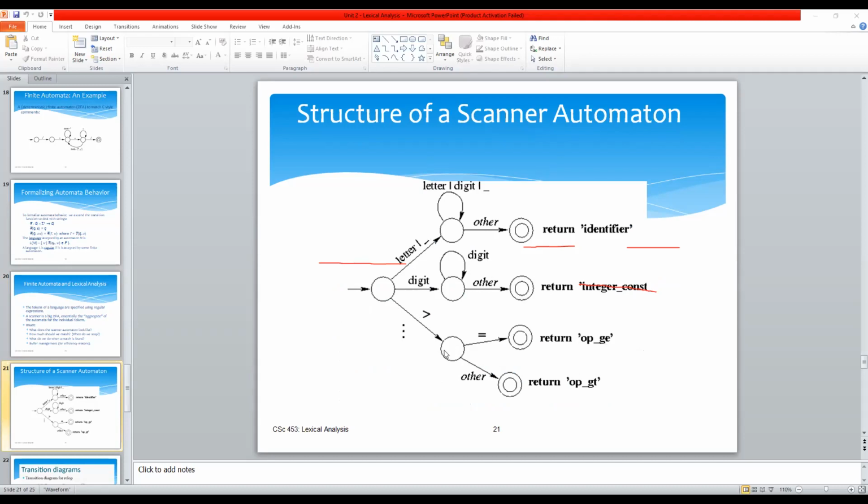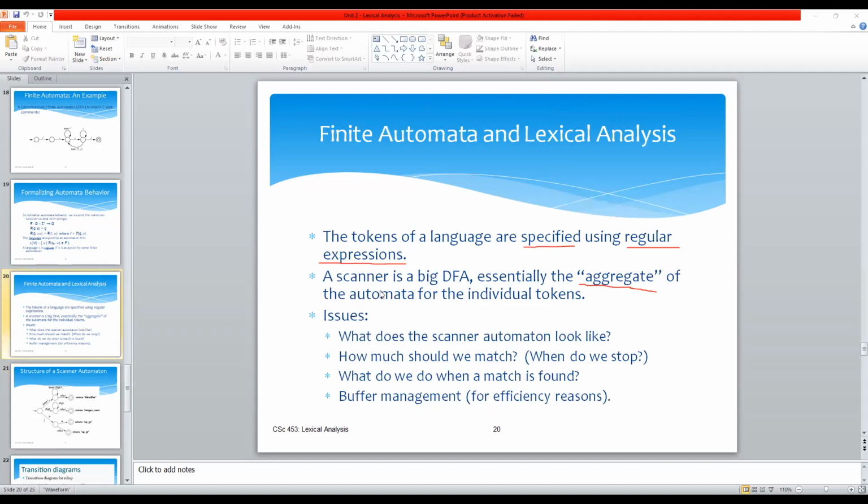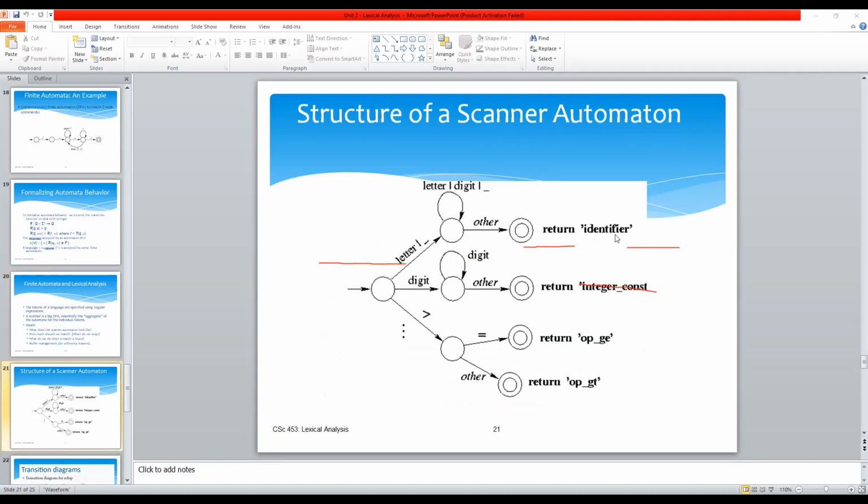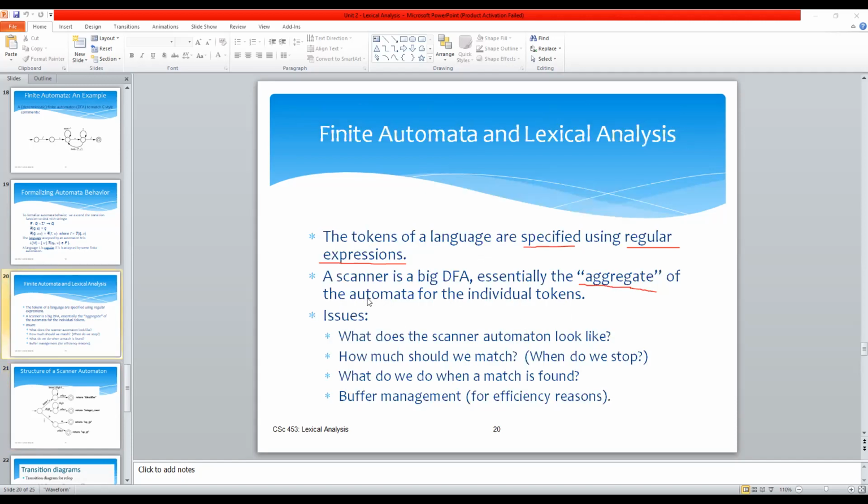I have aggregated those four tokens to generate the equivalent finite automata. So it is a big DFA which essentially aggregates the automata for individual tokens. Here one individual token is identifier, another is integer. I am combining all those to generate the big DFA.